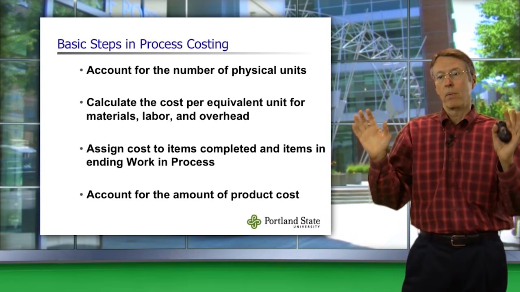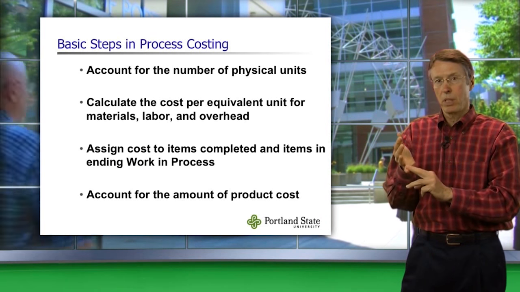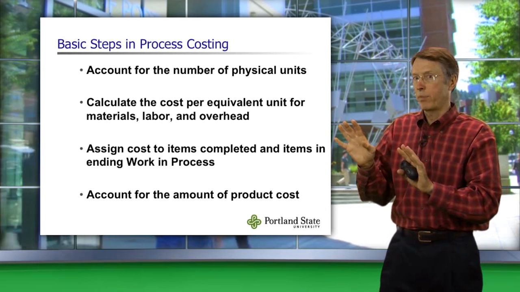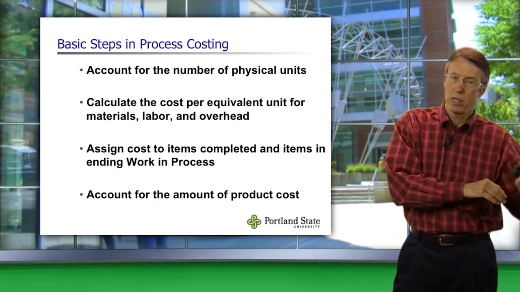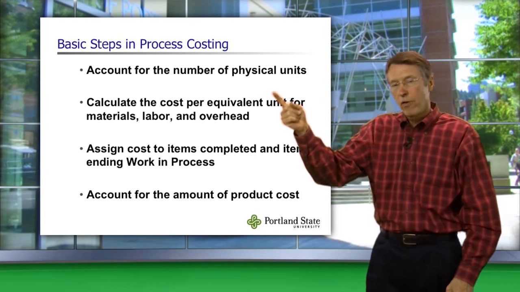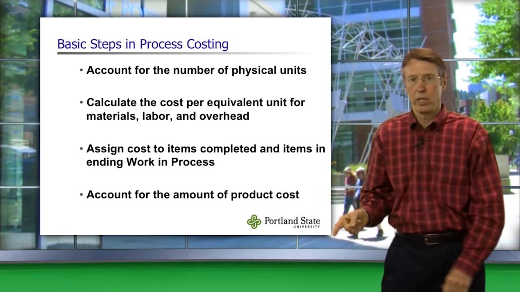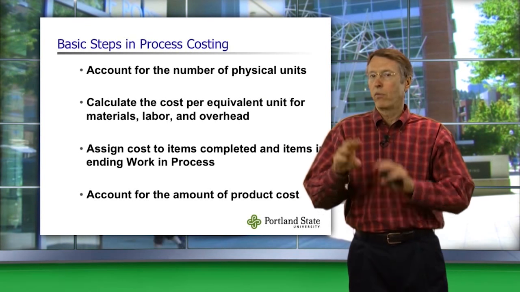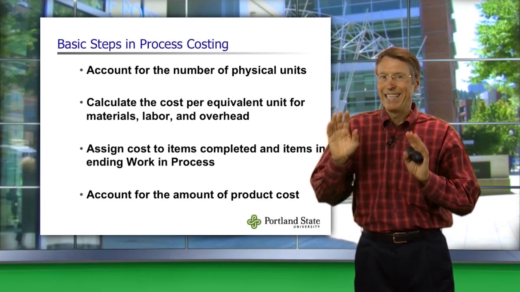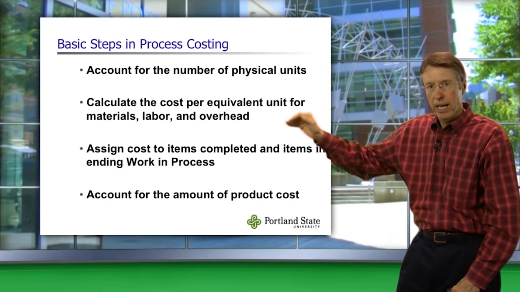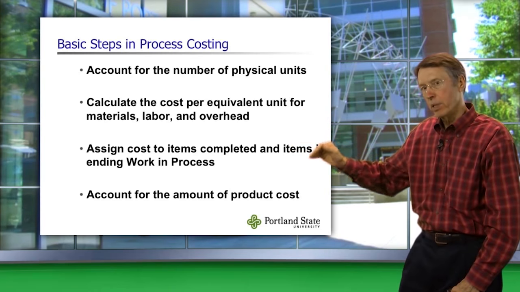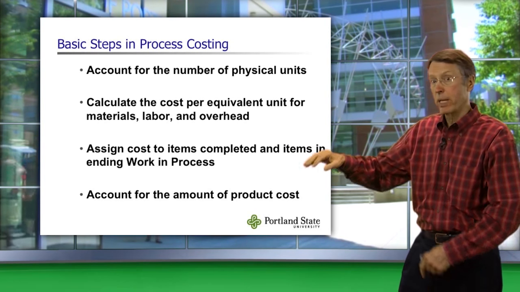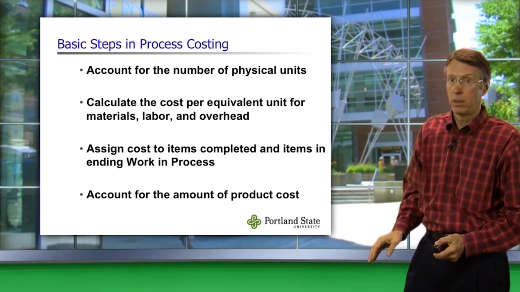So again, to summarize the basic steps in process costing, Chapter 3, versus job costing, Chapter 2: first, account for the number of physical units, then calculate the cost per equivalent unit for materials, labor, and overhead. Then assign that cost to the items completed and the items in ending work in process. That should account for the total amount of product cost.